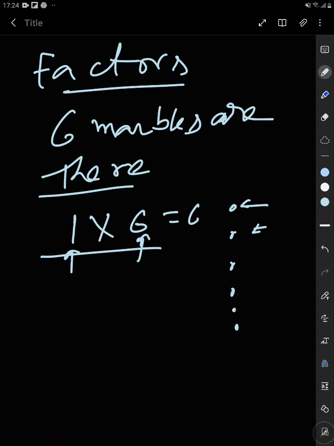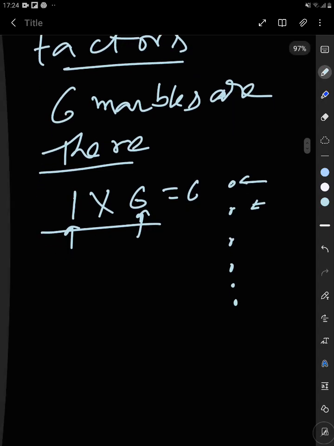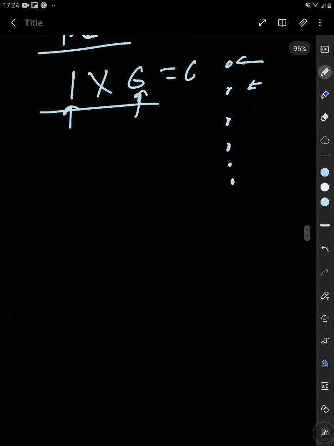So 1 and 6 are the factors here. We denote the factors like this: how many rows there can be and how many columns there can be. The both make up the factors.